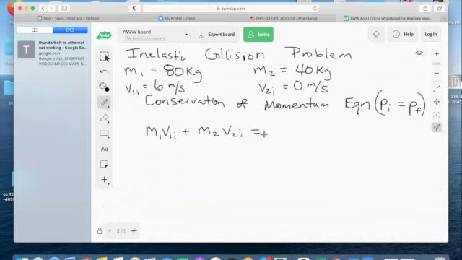And that's going to be equal to our mass times the velocity final. So let's put V1 final plus M2, this is for the grandchild, M2 V2 final.